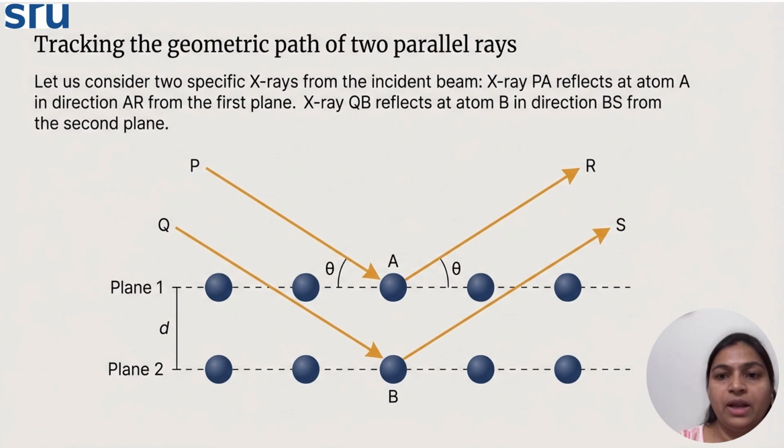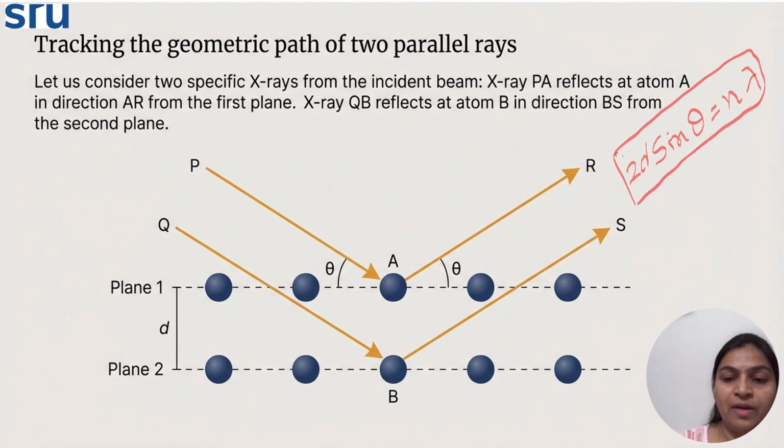can be written as 2d sine theta. So the formula is 2d sine theta is equal to n lambda. d, we are already familiar with: d is the interplanar distance, the distance between plane 1 and plane 2.